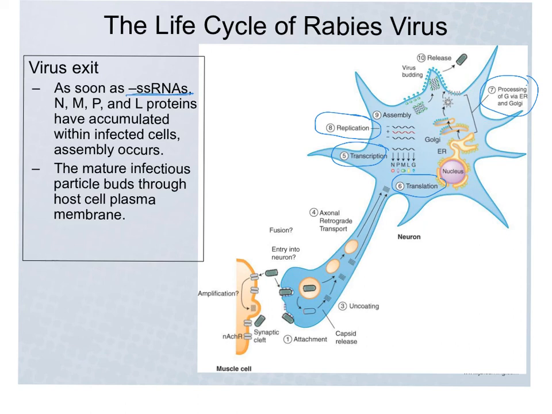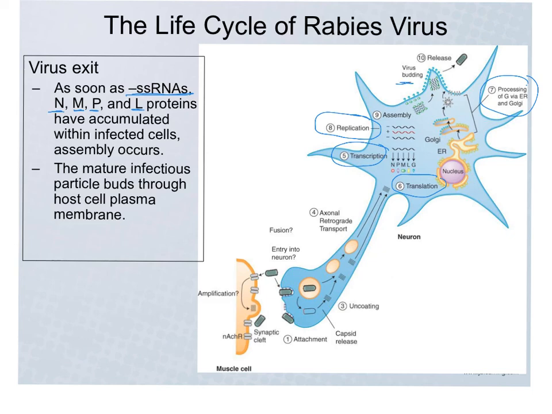As soon as we have enough minus sense RNA, the N, the M, the P, and the L proteins, we're going to begin to get the production of some mature virions, and these mature virions will then be able to bud from the host cell.